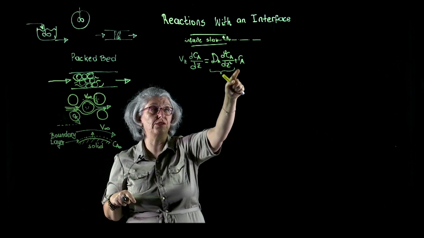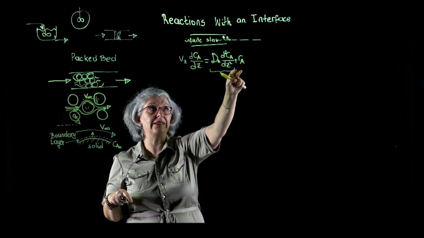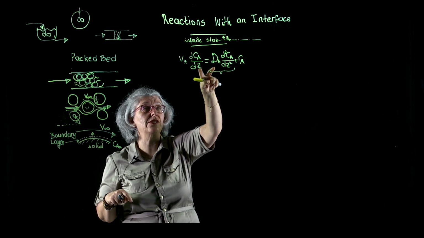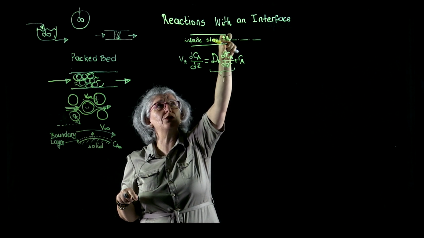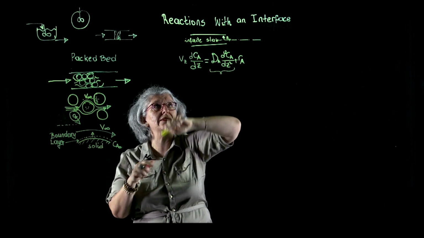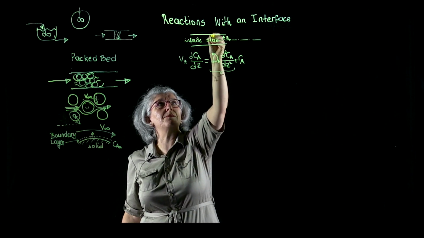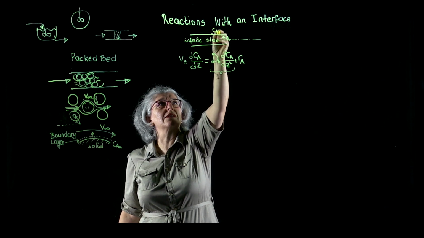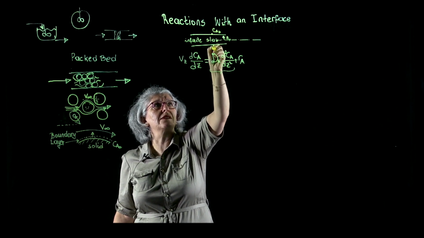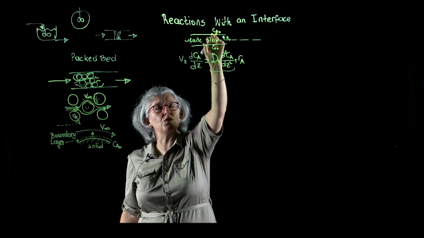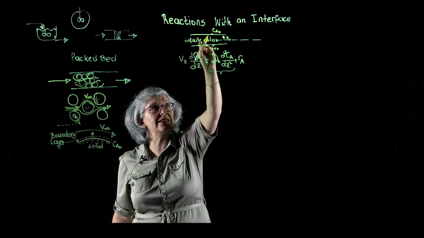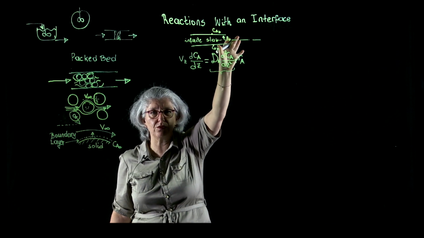It shouldn't be present here because this balance equation represents the phenomena taking place within those two slab boundaries. So here we have Ca bulk, here we have Ca bulk, and the A molecules are diffusing through the center, reacting in the center, and B molecules are diffusing out away from the center.